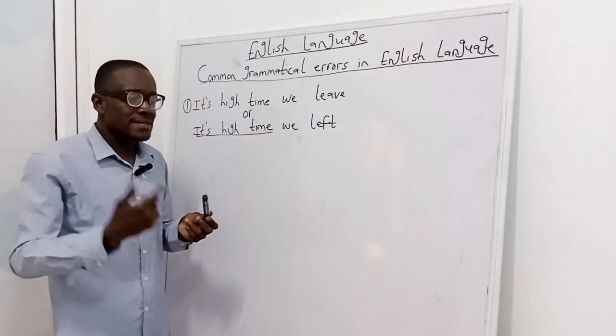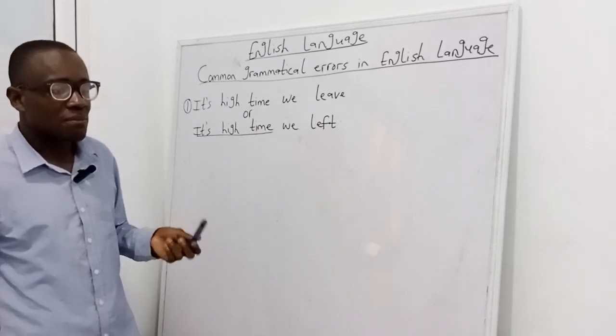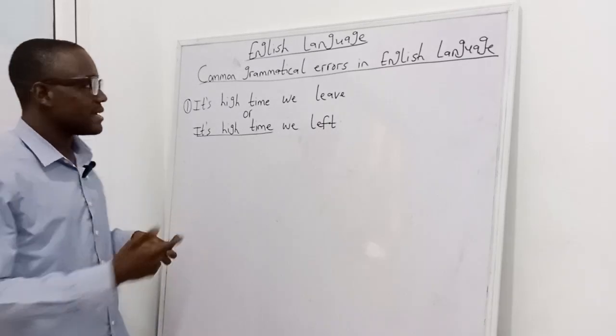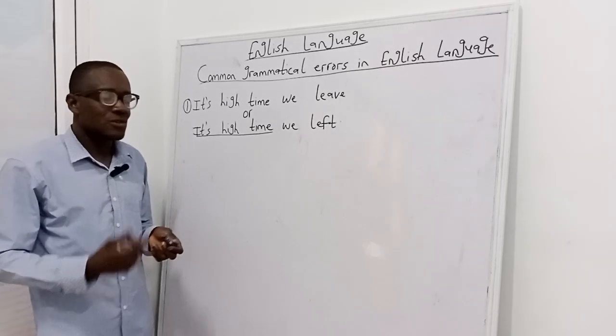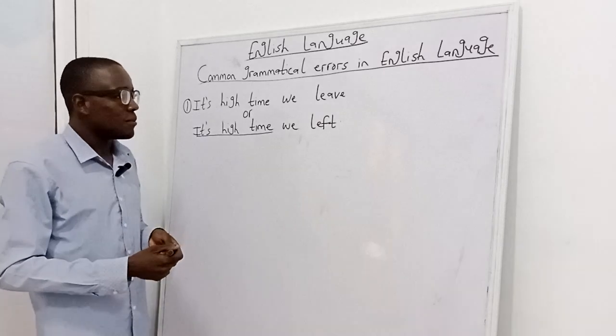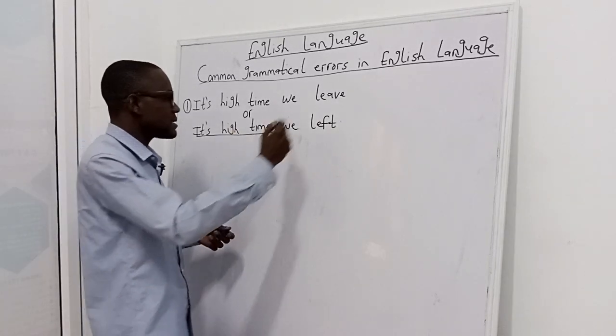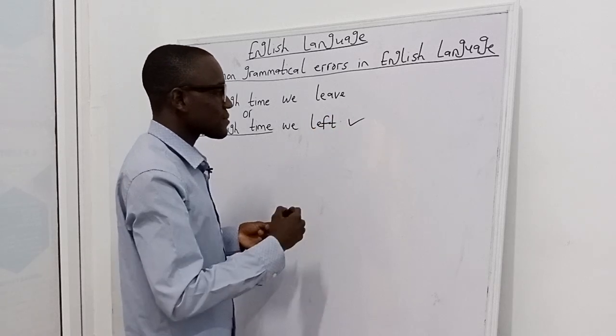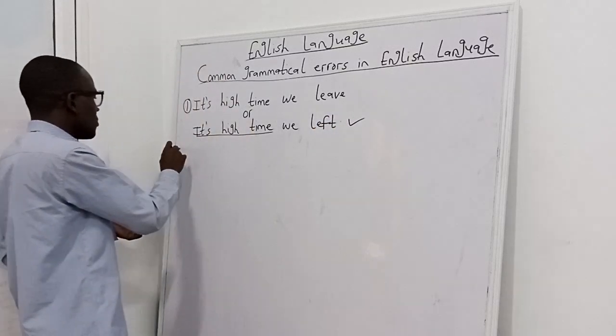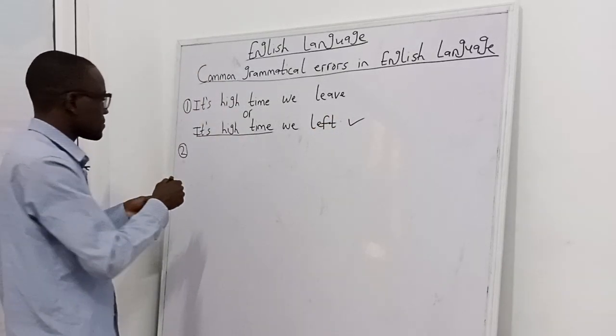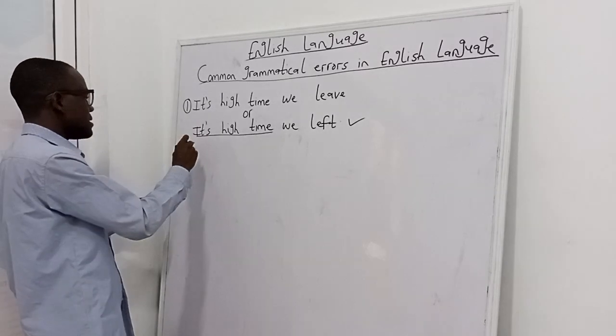So you can have something like, "It's high time we left for the party," rather than saying, "It's high time we leave for the party," even though that one sounds correct, but it's actually not correct. So the correct way of saying it is what? "It's high time we left." So that is that.